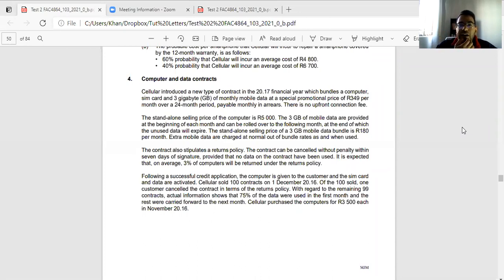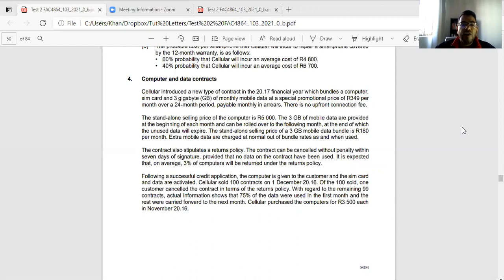So there's no significant financing component. Okay, so therefore you won't present value the data, but you will most likely have to present value the allocation price of the computer. Okay, so as you read, that is the level of thinking you want to think about.